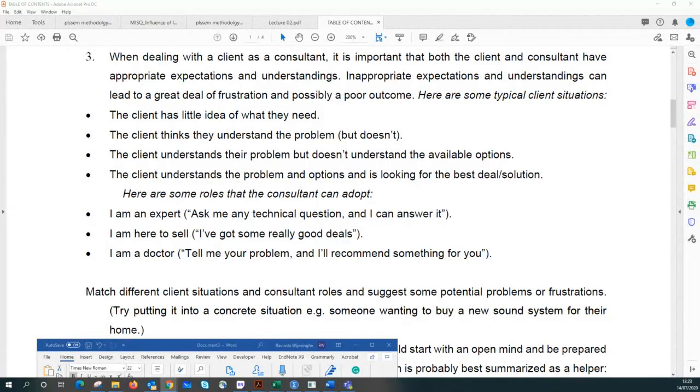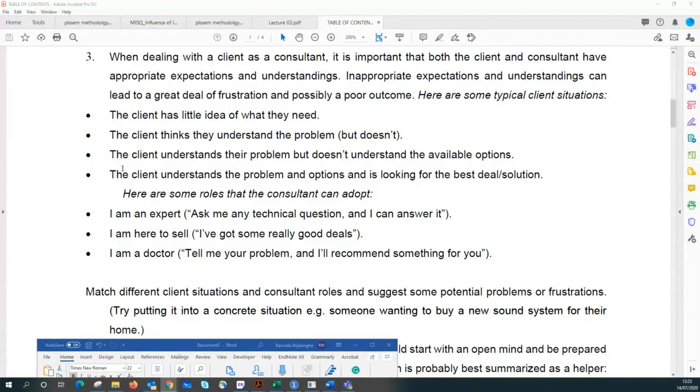Any idea, guys? Anyone who would like to contribute? With which role are the first two situations most appropriate? Let's give a chance to Maria, Michaela. What are your thoughts about these two?